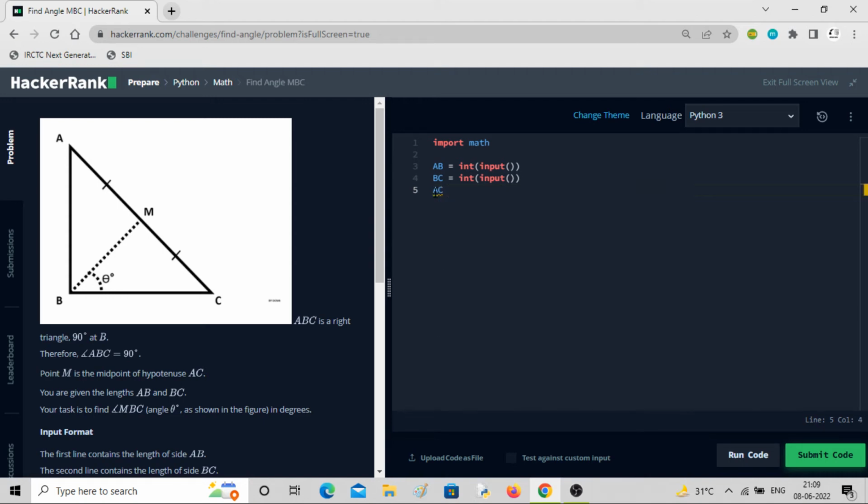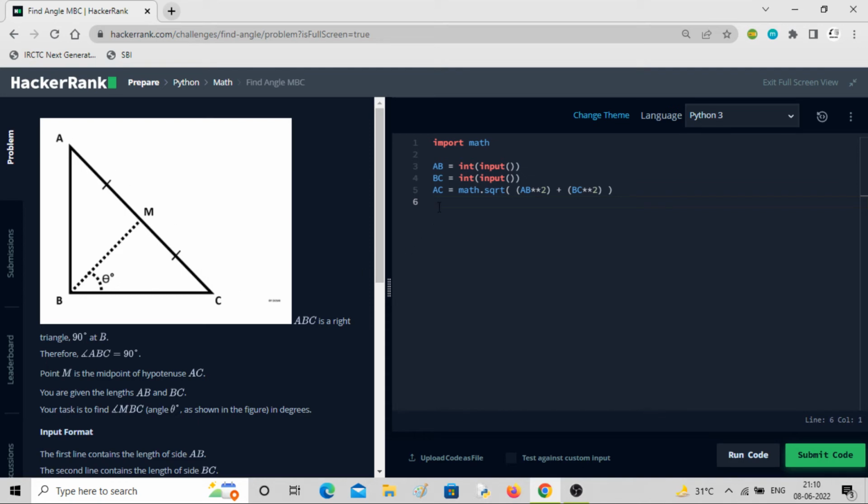AC is equal to math dot sqrt of AB double star 2, AB square plus BC square, and the square root of that will give us AC. Hypotenuse theorem I applied.